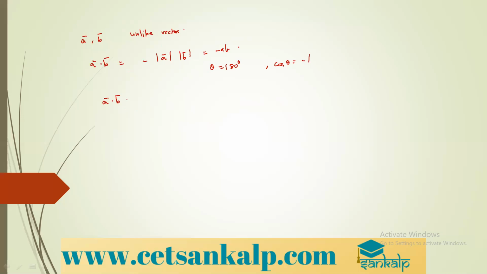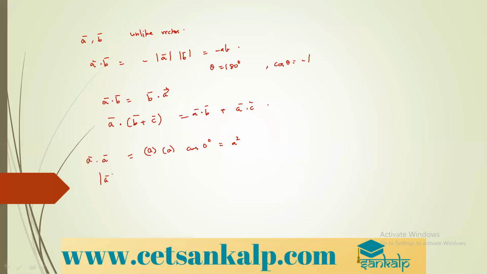Dot product is commutative. That means A dot B will be equal to B dot A. Similarly, it follows the distributive property also. That is A dot (B plus C) will be equal to A dot B plus A dot C. The next is, if you want A dot A, you can write it as A into A into cos 0 degrees, that is A square.